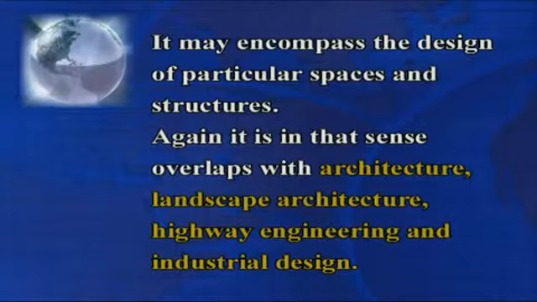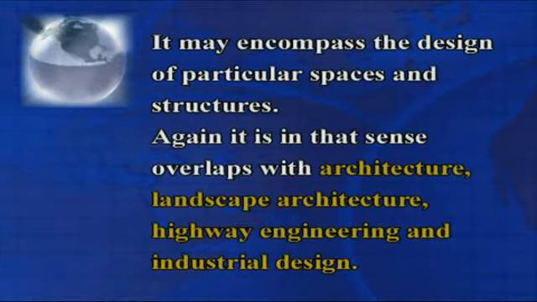Urban design may encompass the preparation of design guidelines and regulatory frameworks. It also includes legislation to control development, advertising and other aspects. It is in this sense that urban design overlaps with urban planning. It may also encompass the design of particular spaces and structures.